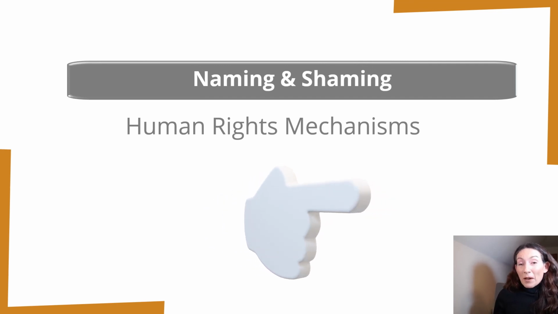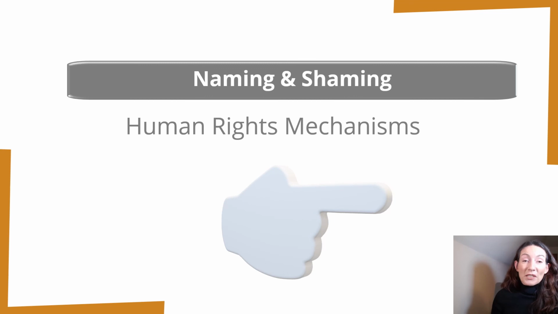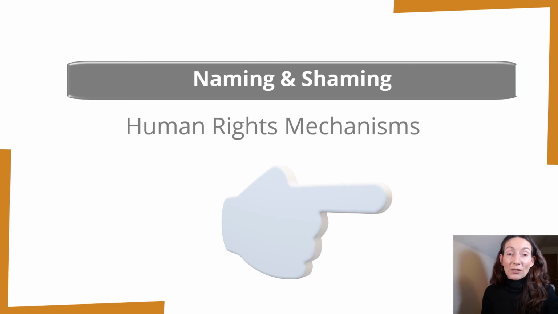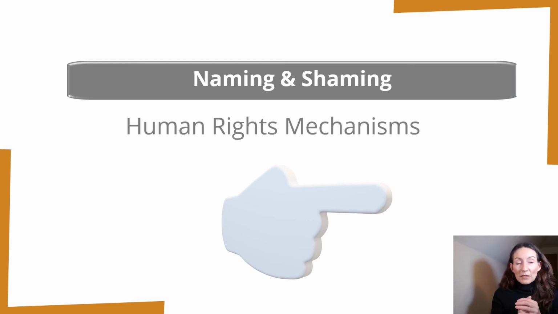This can probably be included among other forms of retortion instead of a separate category, but it is so widely used by international human rights bodies and institutions that I wanted to name it separately. Many believe this is a pointing fingers exercise that has no real impact. However, available data suggests otherwise.